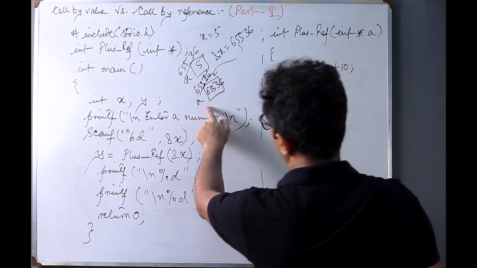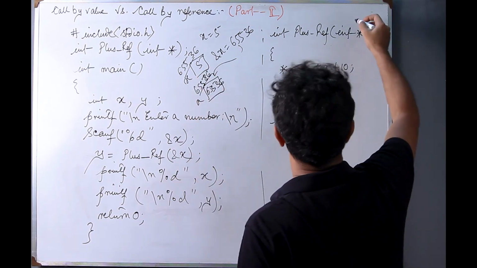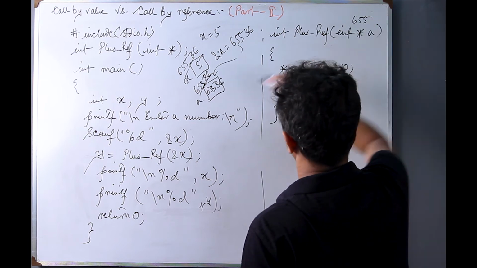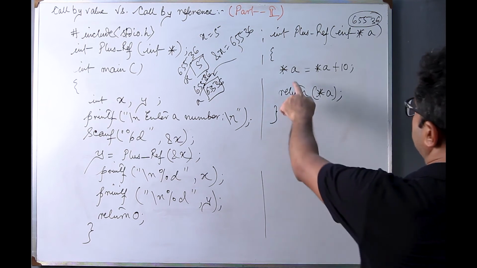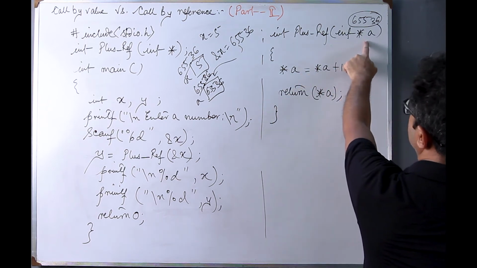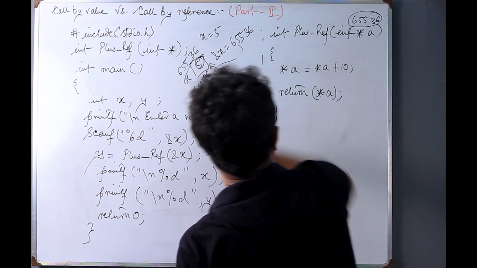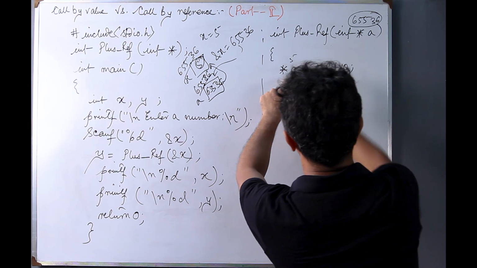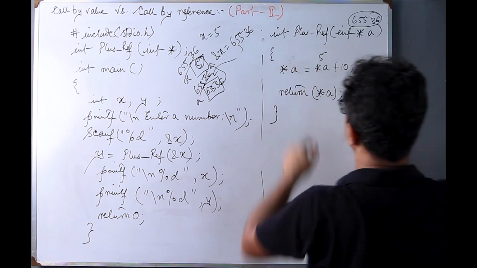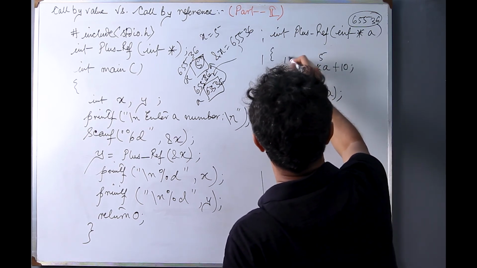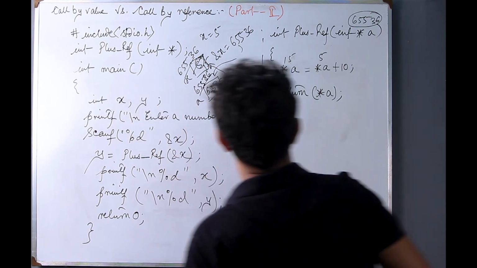So I am going to pass the value of x by means of the address, that is we are directly passing 65536 by this formal argument, and whatever was the content of 65536 is nothing but 5, and that 5 will be added up by 10 to be updated to 15. So this will be updated to a value 15.